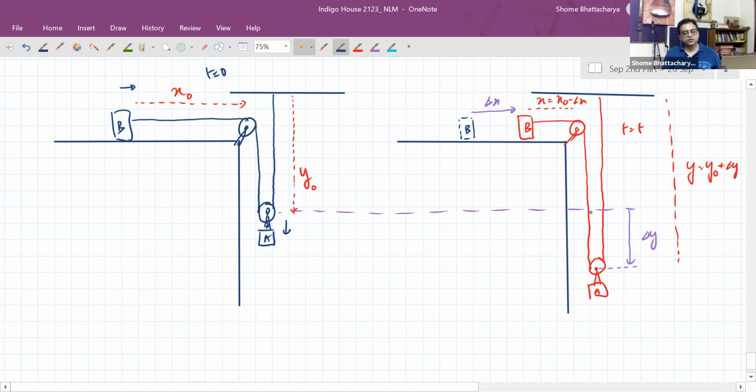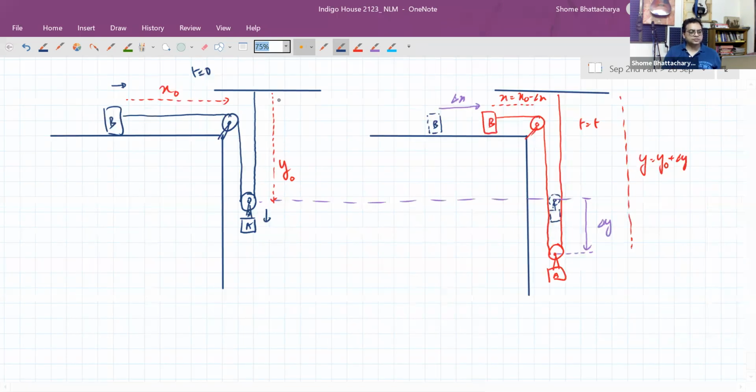You can see that this block also was here earlier and now it has moved down like this. Now what should happen between these two pictures? The total thread length should be conserved.